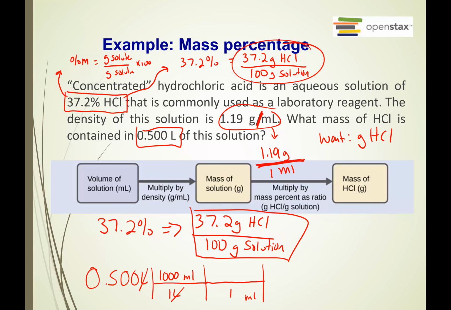So that means milliliters goes on the bottom and 1.19 grams of HCl goes on the top. Okay, now we've got grams of HCl. But we want to know, what is the mass contained in this solution? Okay. So we need to figure out when we do this.